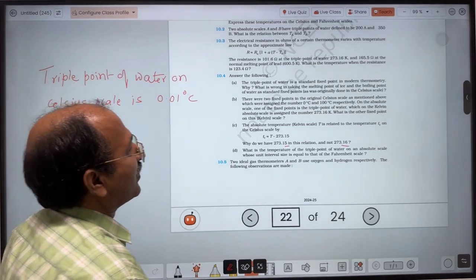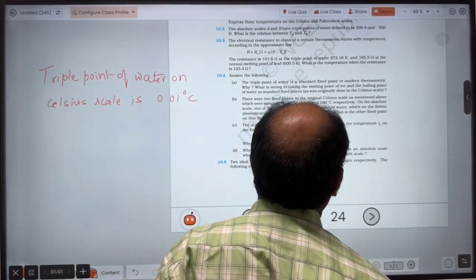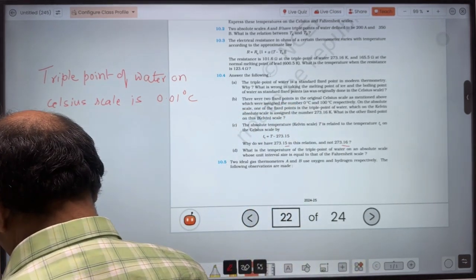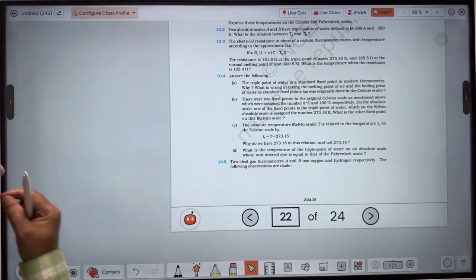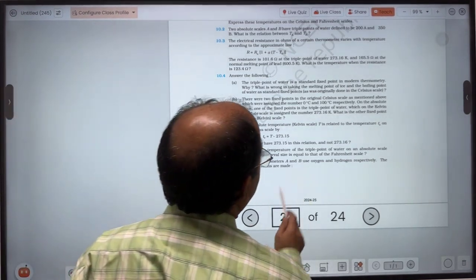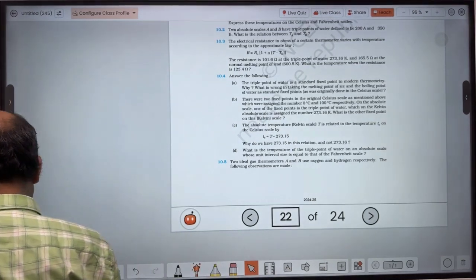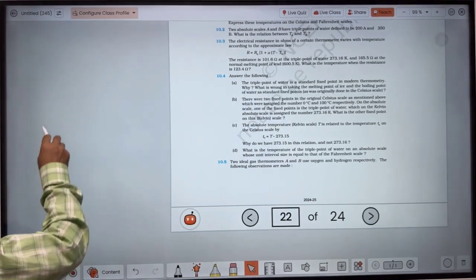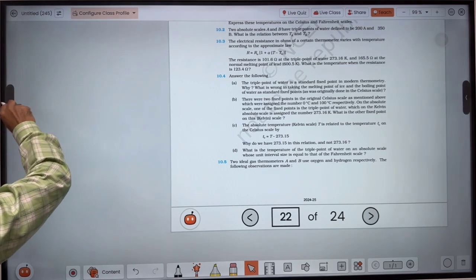And what is the temperature of the triple point of water on the absolute scale whose unit interval size is equal to that of the Fahrenheit scale? How will you evaluate it? For that you have to find out the unit size in the two scales and then we will proceed. We can say how many divisions are there in Fahrenheit.